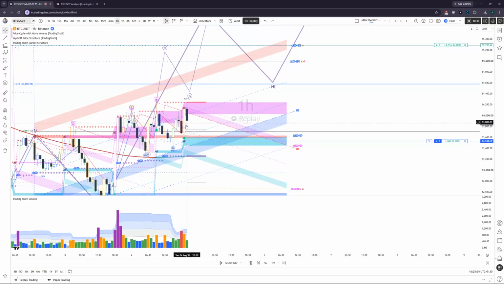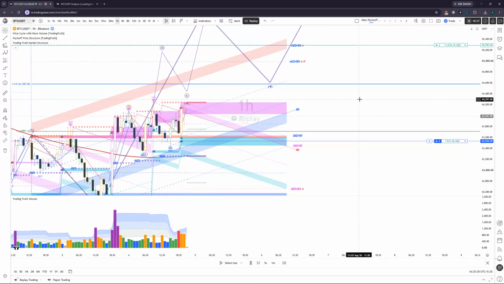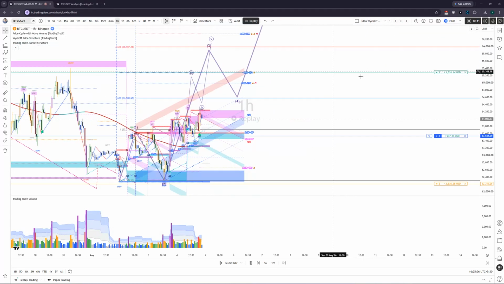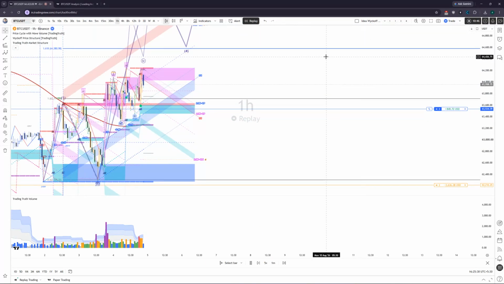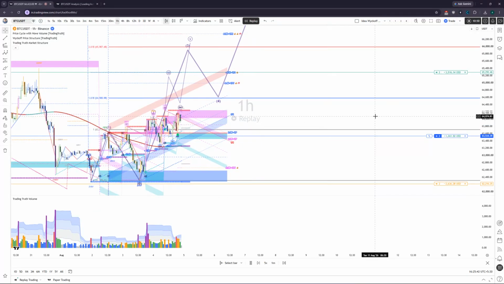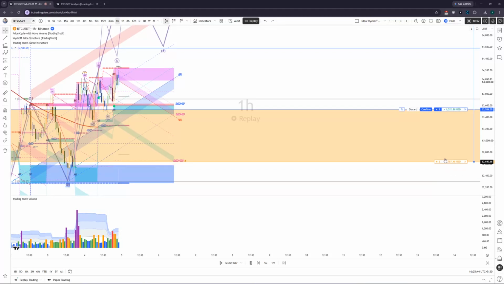There's another trade that we got. We are already positioned, so we don't need to add more. I think now I can trail my SL below this low, reduce my risk.